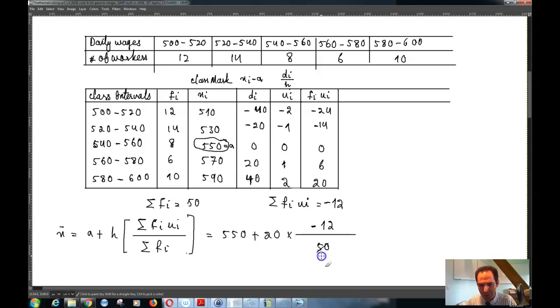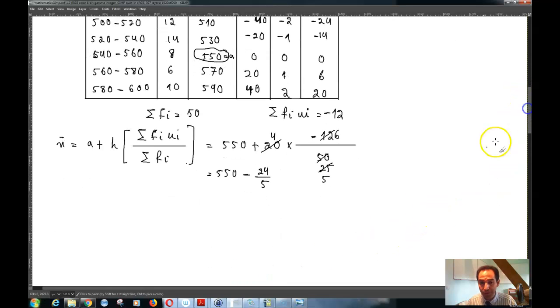Now this is 25, 6, and divide by 5, you will get 4, divide by 5, you will get 5. And you have 6/5 is 1 point something. So let's write this as 550 minus 24/5.